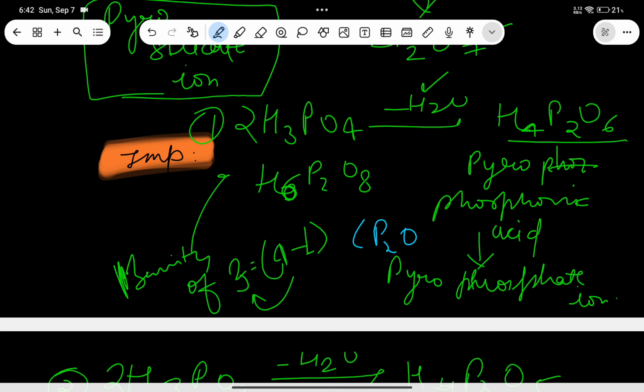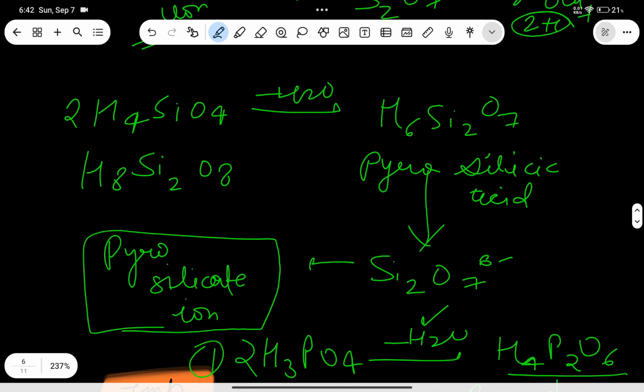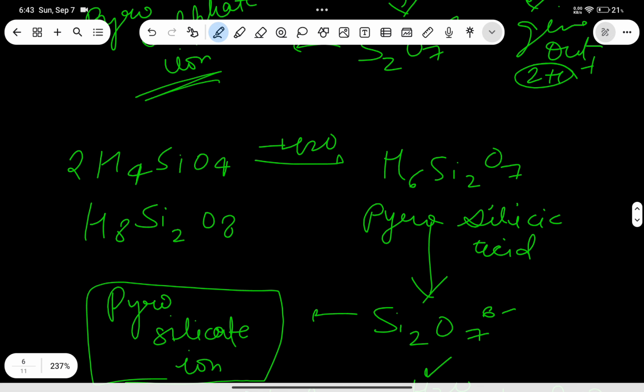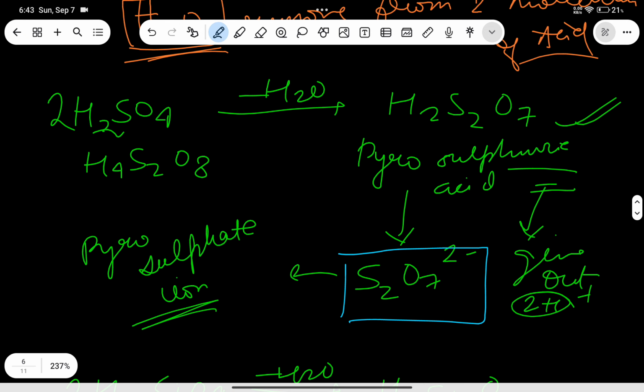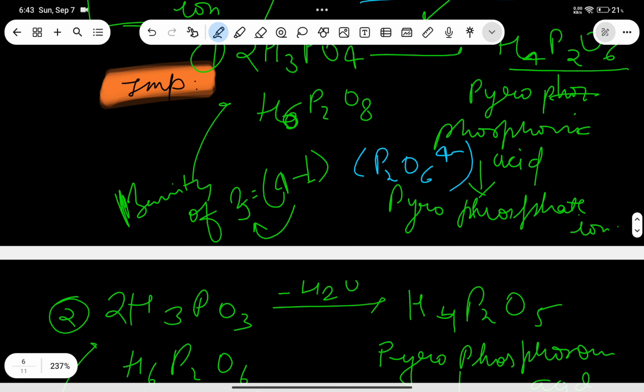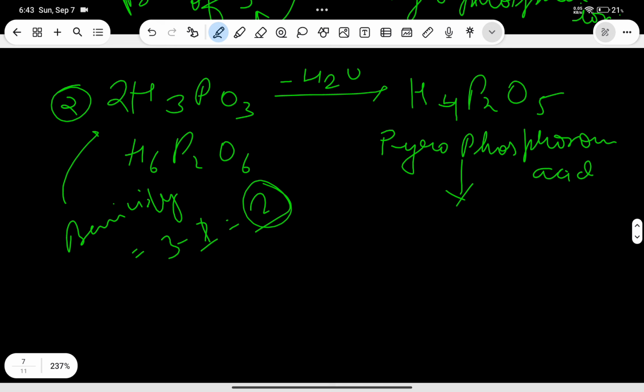It will be P2O5 2 minus in this scenario, and here the basicity is just 2, so it can remove only 2 hydrogens.